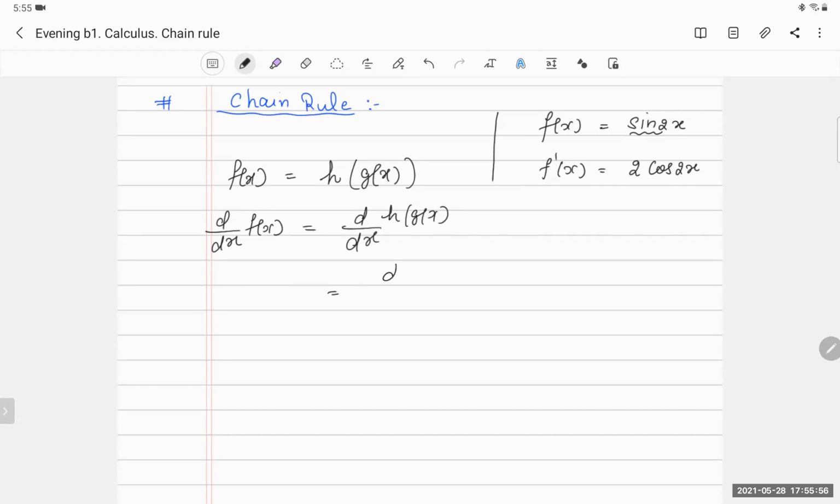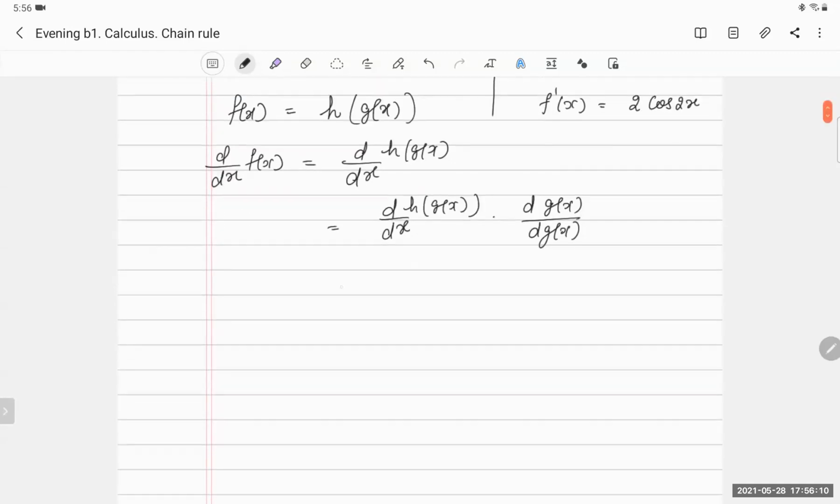So what I will do, I will multiply something. I will multiply d g(x) upon d g(x). I can do that. Now see, d h(g(x)) upon d g(x) into d g(x) upon dx.